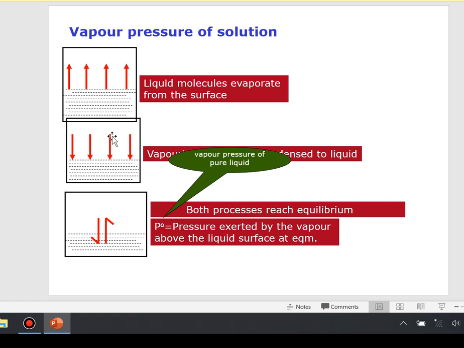After some time it condenses, and when it reaches equilibrium, it means the rate of evaporation becomes equal to the rate of condensation. So that is the stage of equilibrium. At this stage, the pressure exerted by the vapors on the liquid surface is called the vapor pressure of the solution.